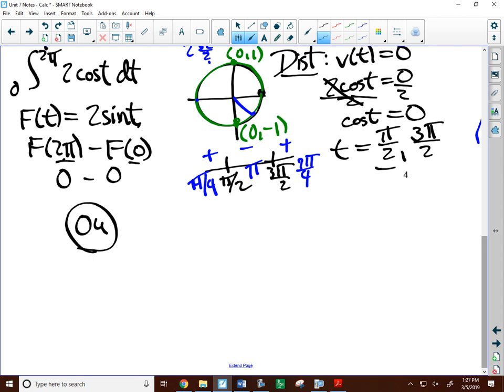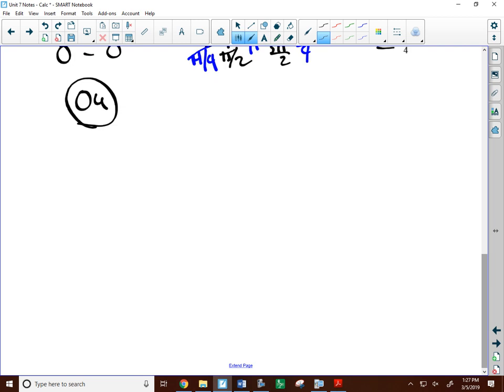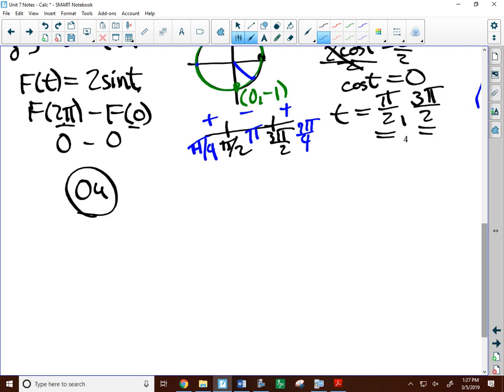So I just need to break up my integral. And yes, this time I have 2 of these x intercepts, so I need 3 integrals, just broken up twice. So the total distance will be the following. It'll be the integral from 0, where we start, to the first one, pi over 2, of b of t.